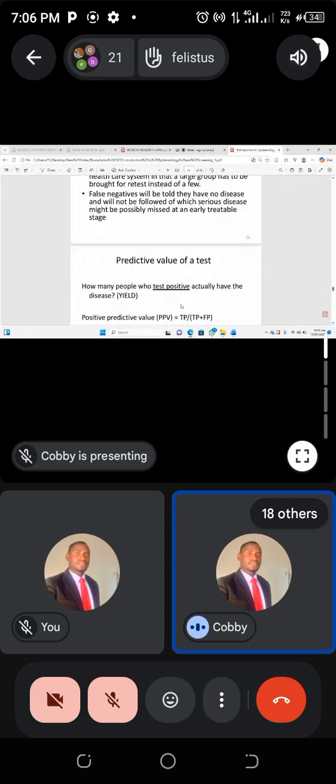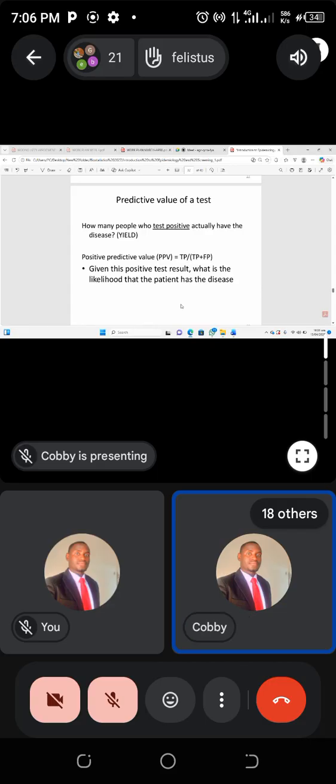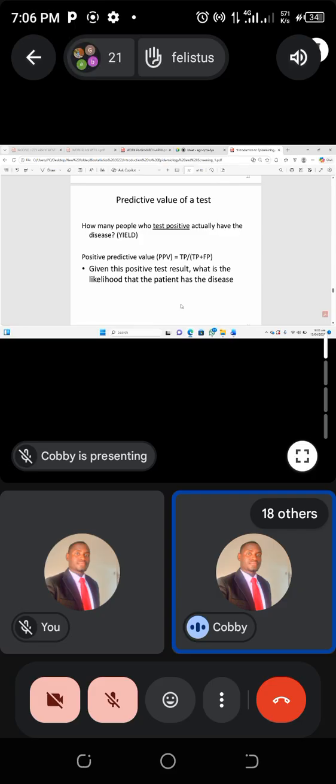Then we come to the predictive value of a test. Predictive value simply means how many people who test positive actually have the disease, or how many people who test negative actually don't have the disease.